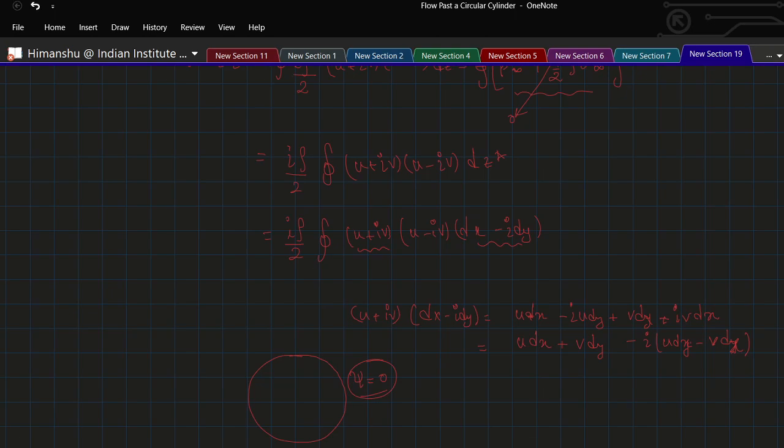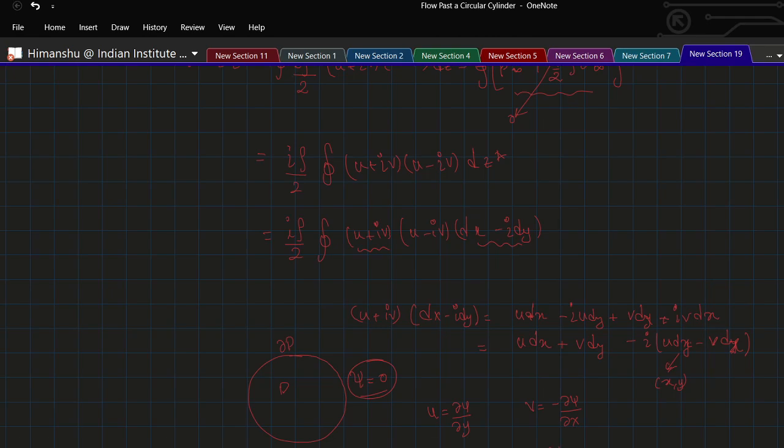So these points, the x and y ordered pairs, lie on the streamline of the contour of this region D, and with the definition of the stream function as u equals d psi over dy and v equals minus d psi over dx, we get u dy as d psi and v dx as d psi.